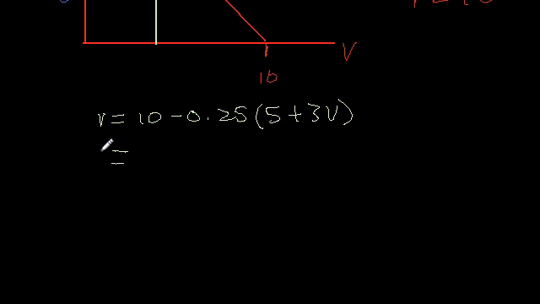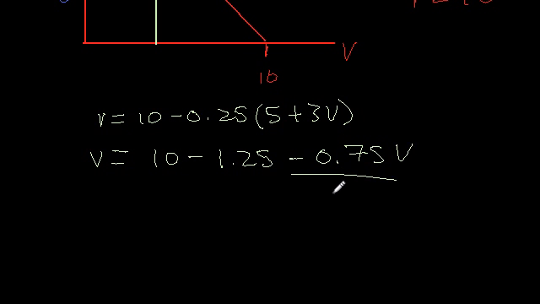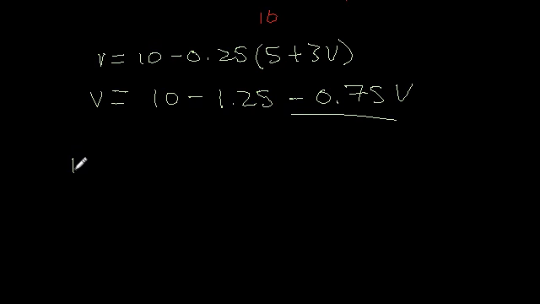So V is equal to 10 minus 5 times 0.25, which is 1.25, minus 3 times 0.25, which is 0.75V. Now we'll put the V's on one side, so I'll add 0.75V to both sides, and that will be 1.75V is equal to 10 minus 1.25, which is 8.75.